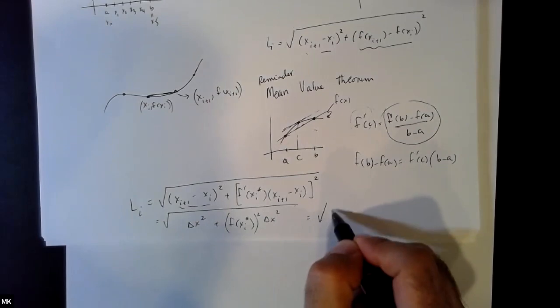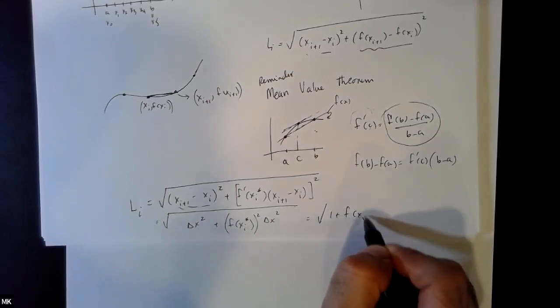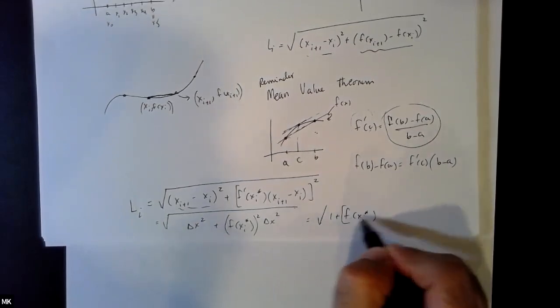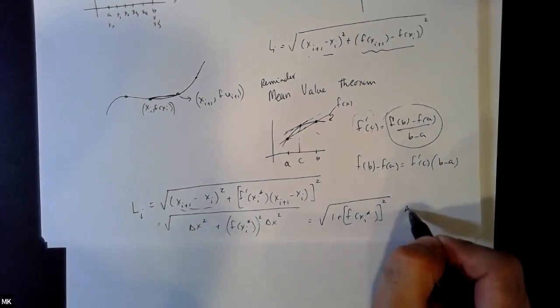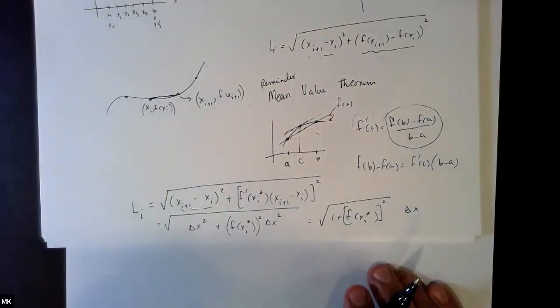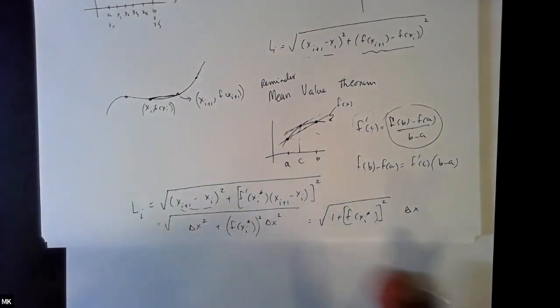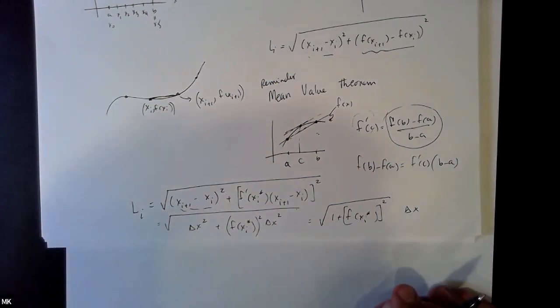So it's going to be the square root of 1 plus f prime of x_i star squared, times delta x. And that's basically the heart of the formula.